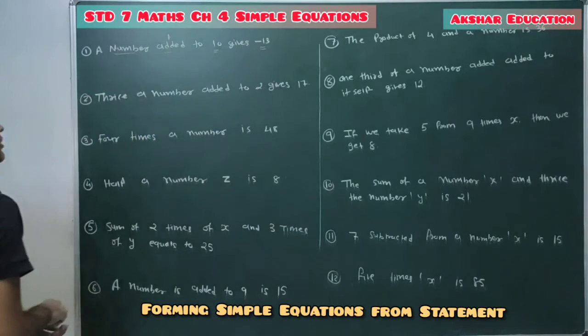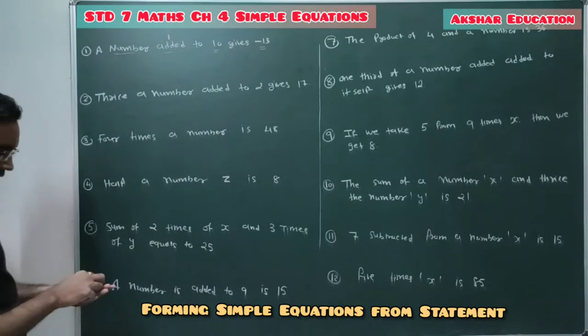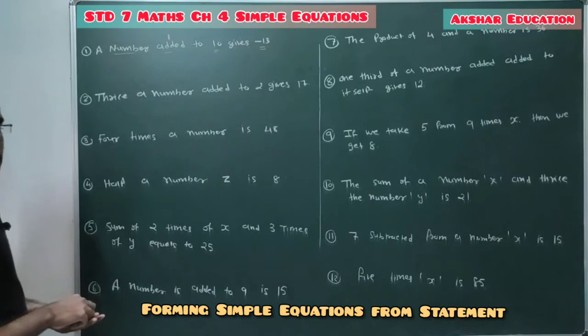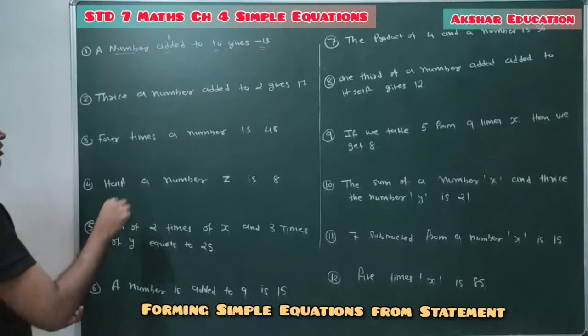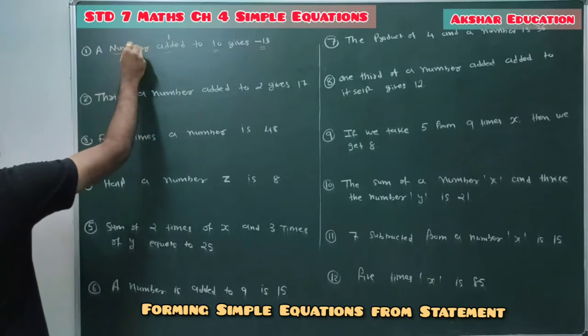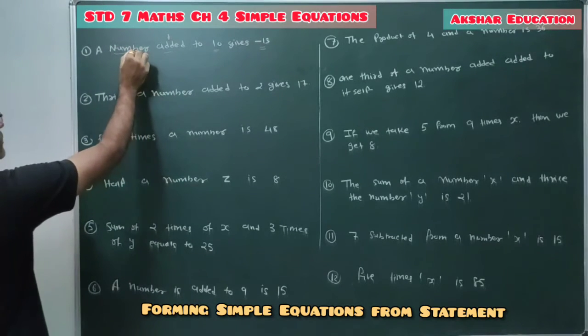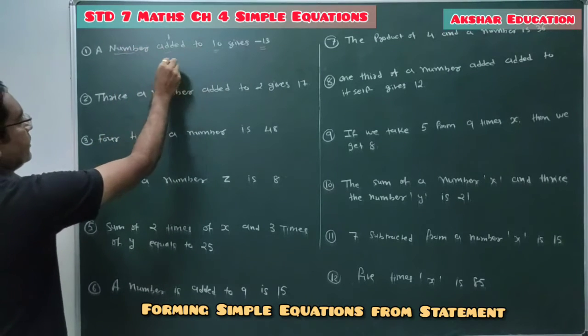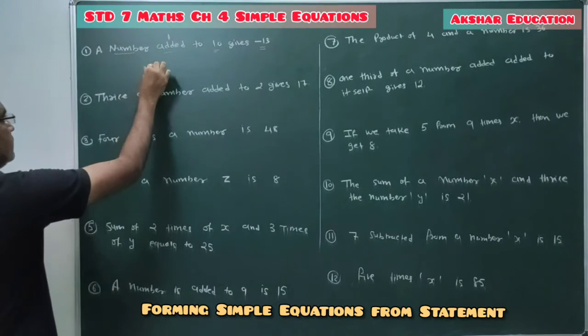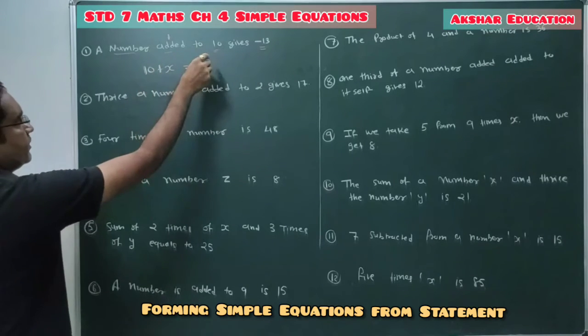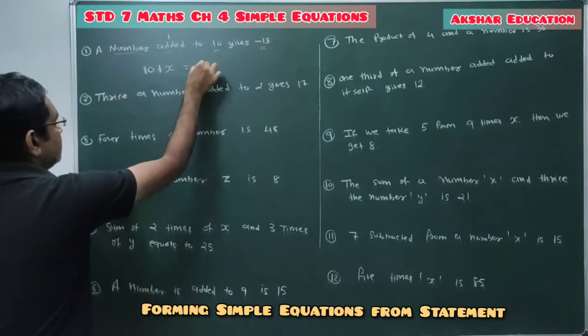This is our result. So a number is given, but the number is unknown. Which number? So we have to assume, let the number be x. We have to write the statement, let the number be x, and then we can write our simple equation as: the number x added to 10 gives us minus 13.